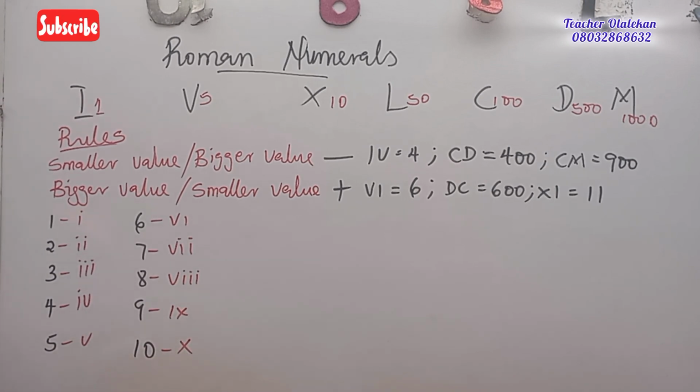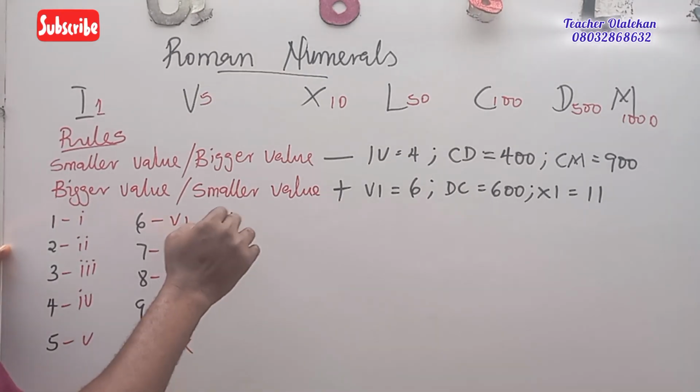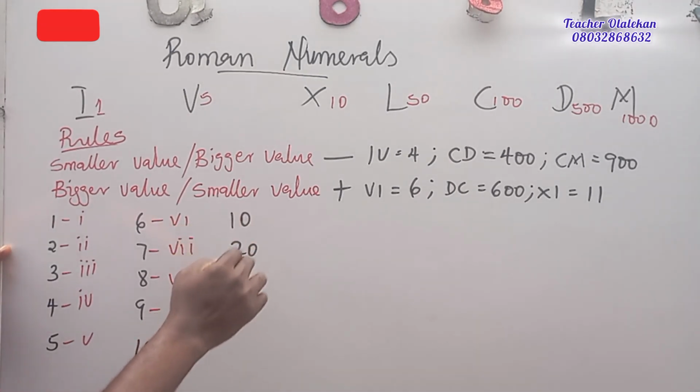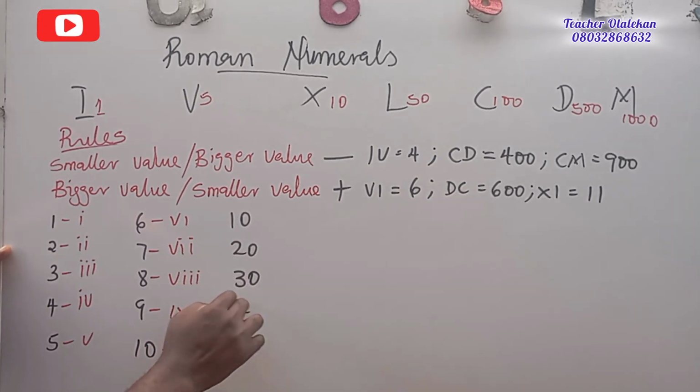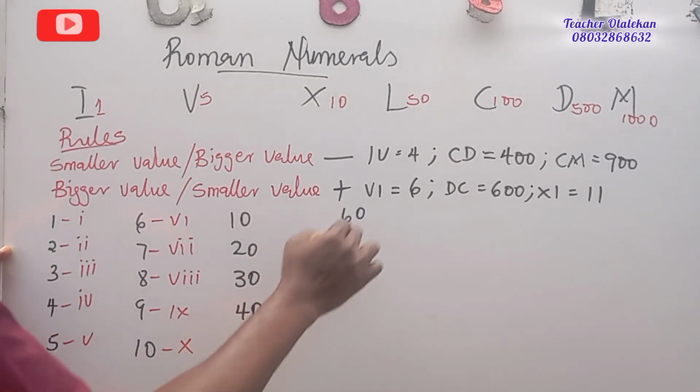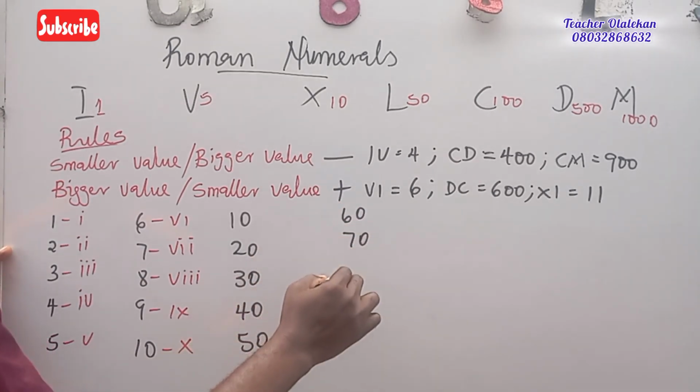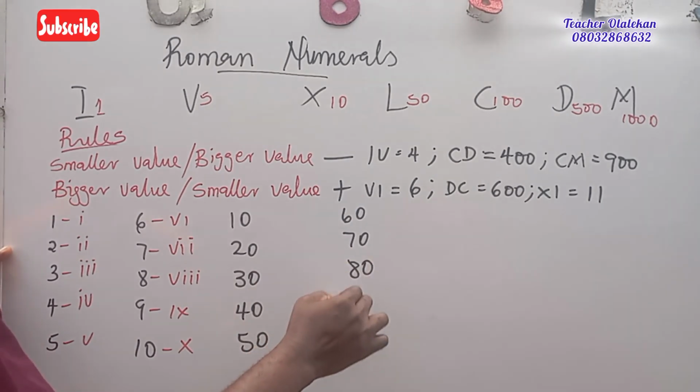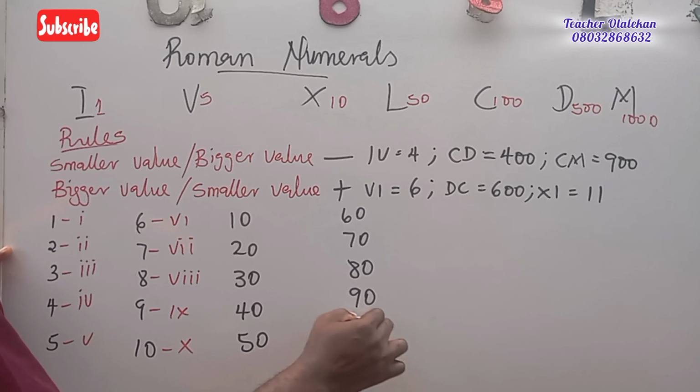So now let's look at other breakers like 10, 20, 30, 40, 50, 60, 70, 80, 90, 100.